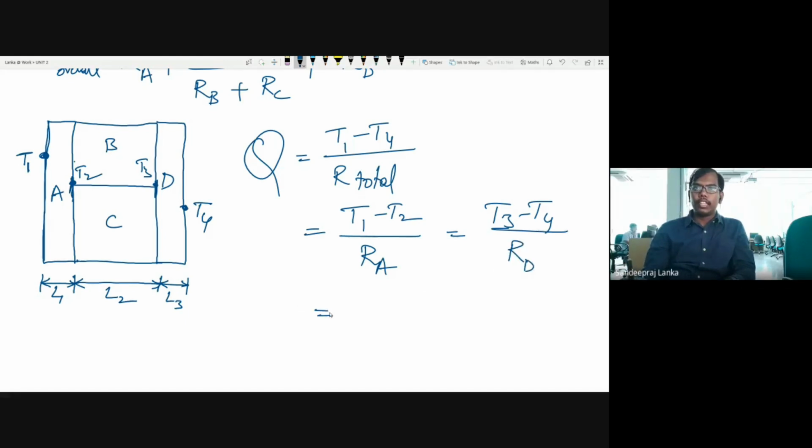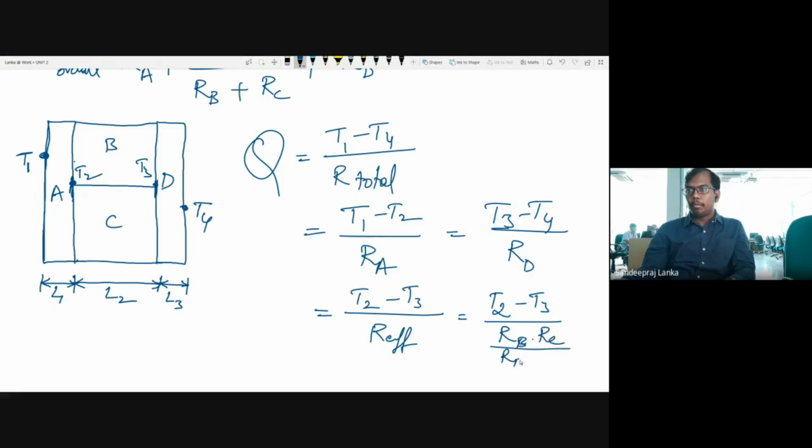Another thing is T2 minus T3 by R effective. This R effective is nothing but RB into RC by RB plus RC. So this is your Q.